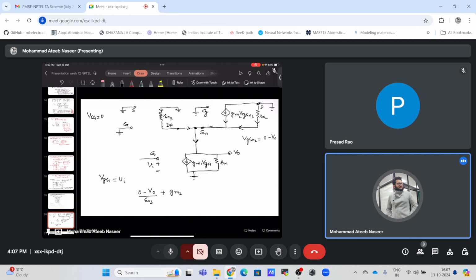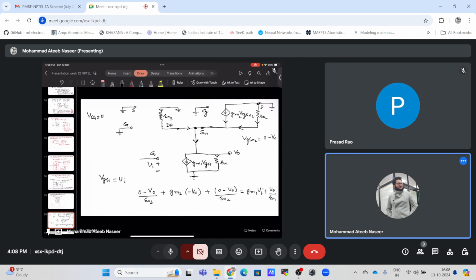So it is GM2 times minus V0, plus 0 minus V0 by R02, is equal to this current GM1 VGS1, VGS1 is Vi, plus this current, V0 by R01.